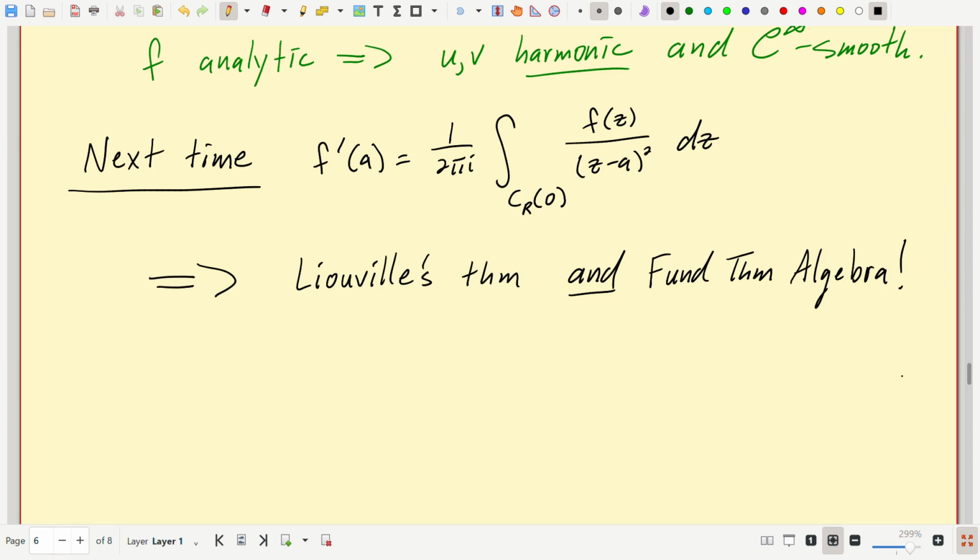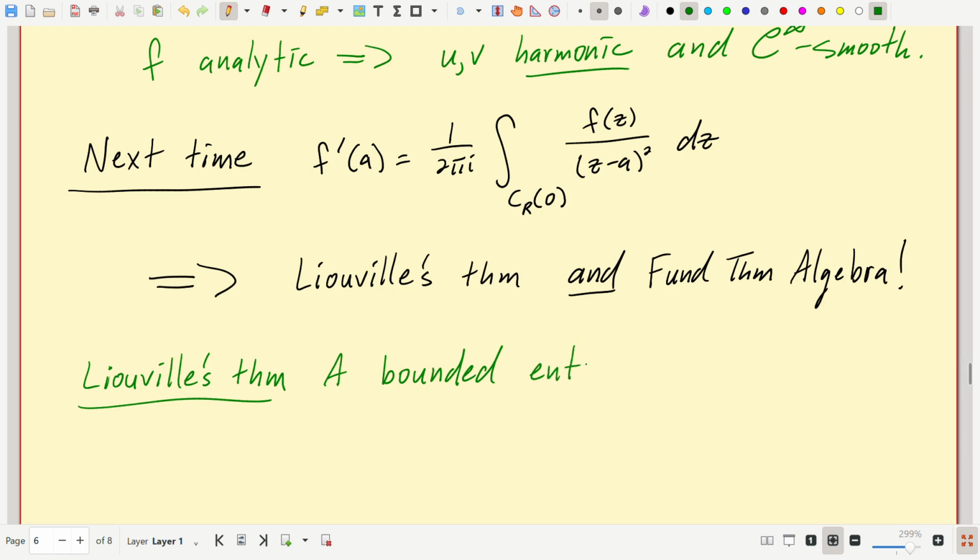Let's see, I should tell you what Liouville's theorem is. It's very simple to state. A bounded entire function must be constant.